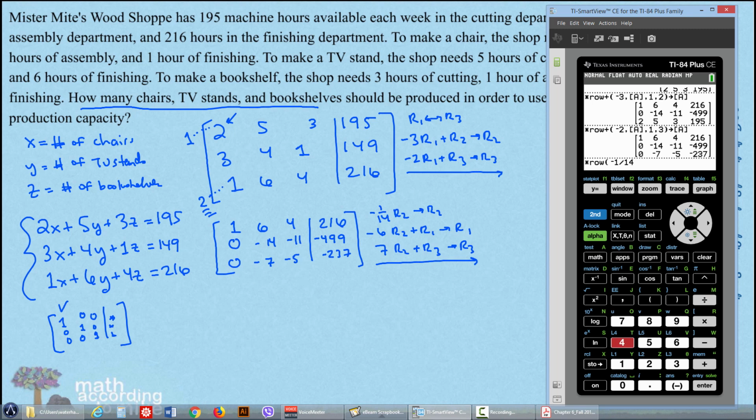Notice you don't have to make it look like a fraction. You can just literally do negative 1 divided by 14. Comma, the matrix name, comma, the row you are going to multiply, 2. So number you're multiplying, matrix name, row you're multiplying, close it off, store it.